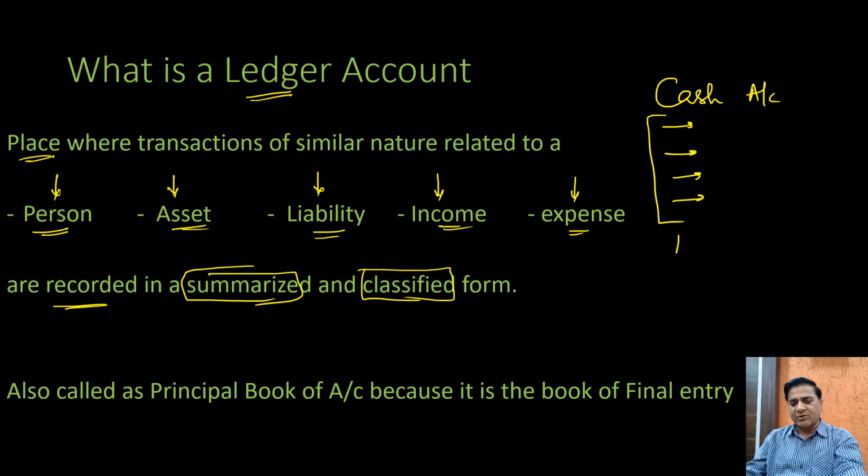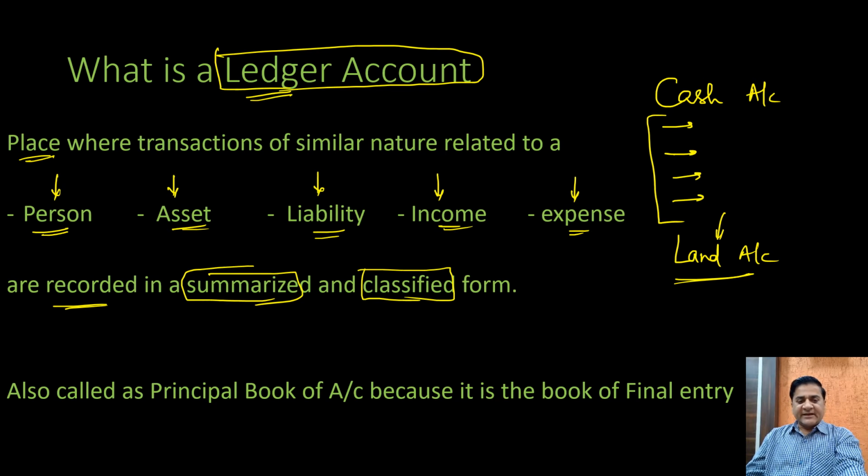Similarly, if I am talking about a land account, all the transactions related to land would be recorded in the land ledger or land account. Similarly, plant, building, machinery, all these accounts, all the transactions related to that specific account, be it related to a person, asset, liability, income or expense, the place where they are recorded in a summarized and classified form is called a ledger account.